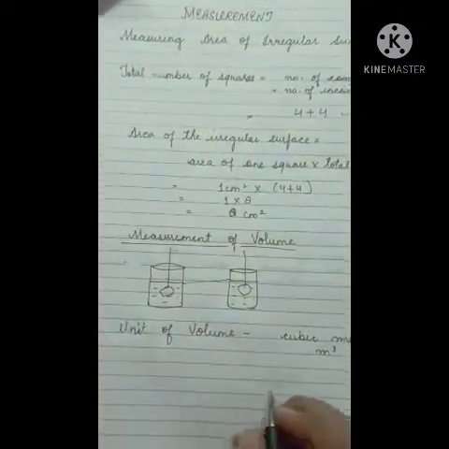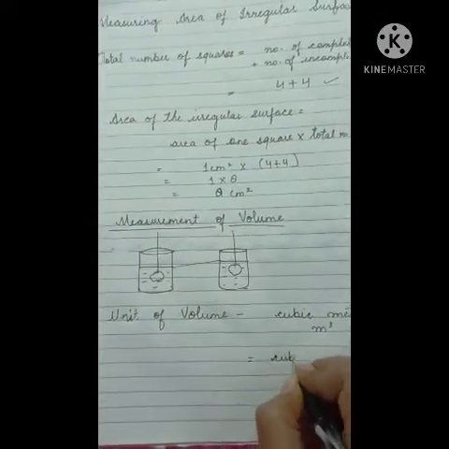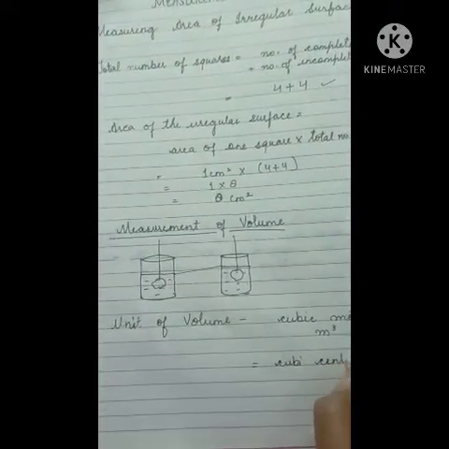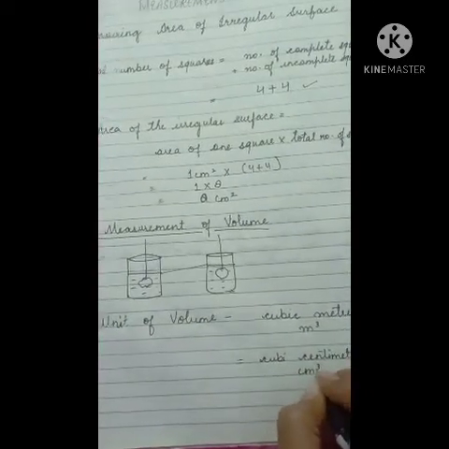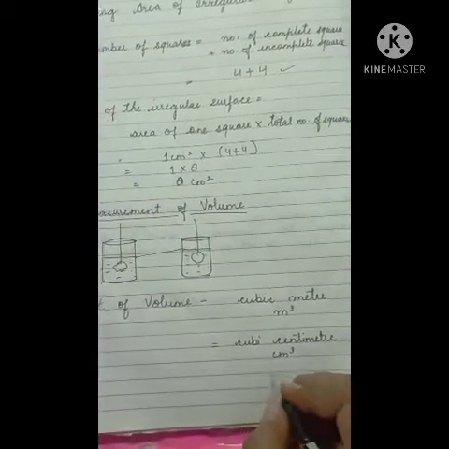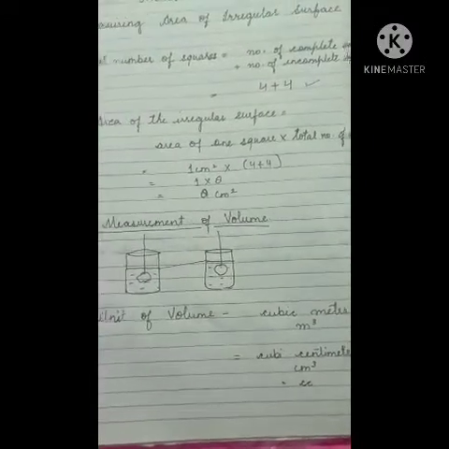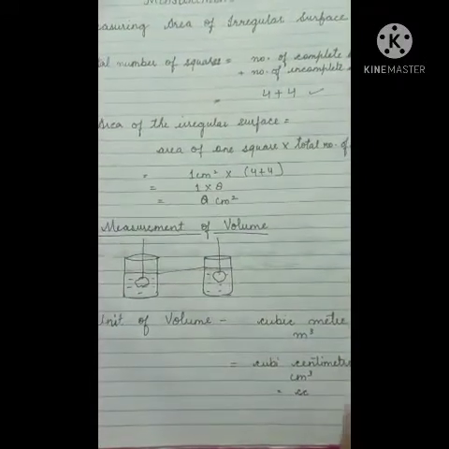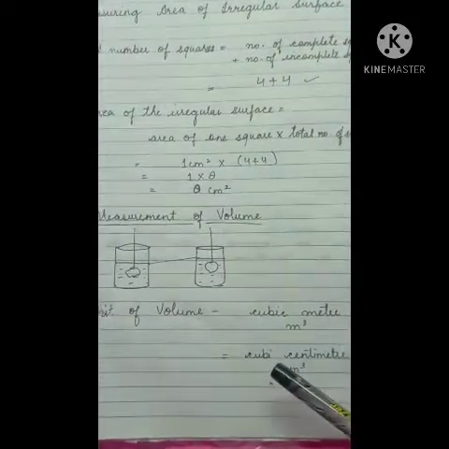And commonly we use cubic centimeter. We write it like this. It is also written like this, small c, small c. 1 cubic centimeter is the volume of a cube, each of whose sides is 1 centimeter in length.